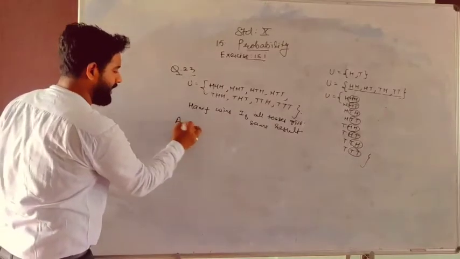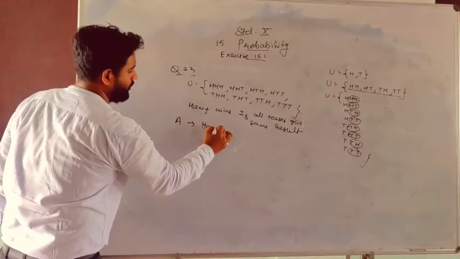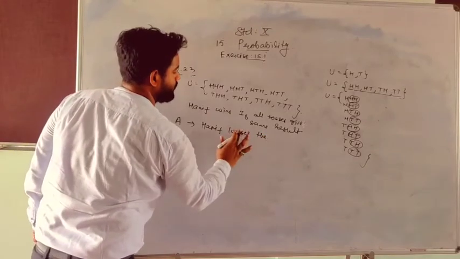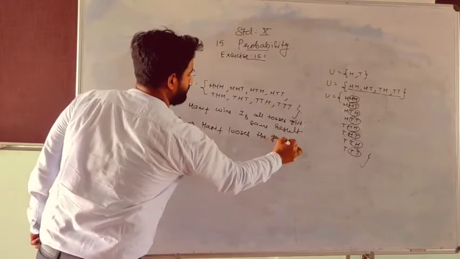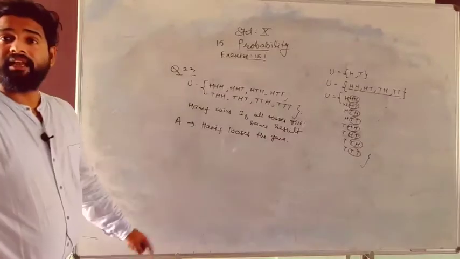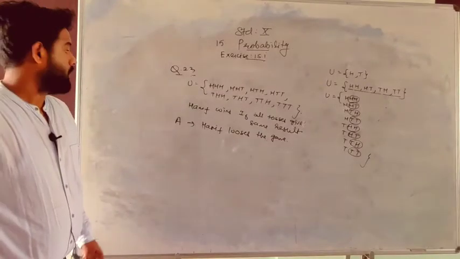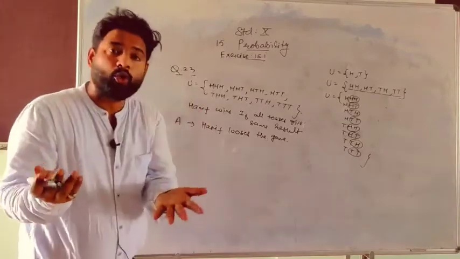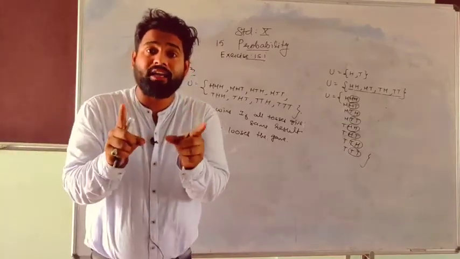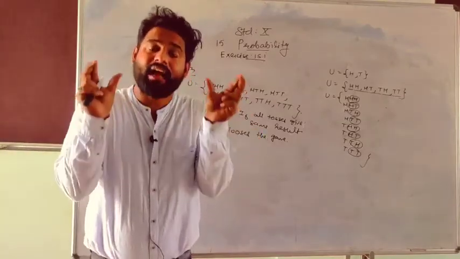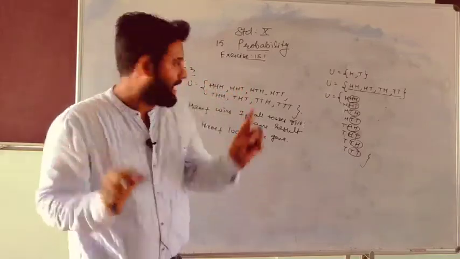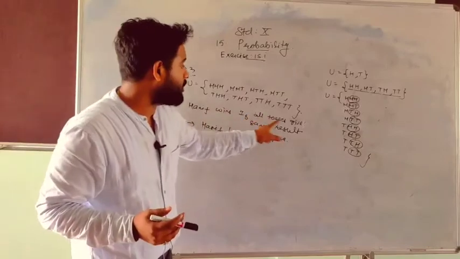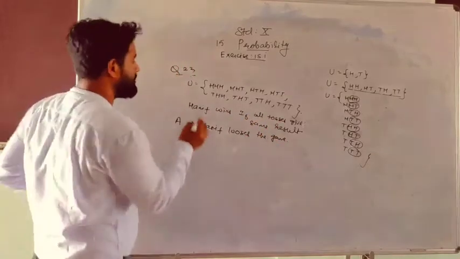Let me take it as event A: Hanif loses the game. Now, when is he going to lose? Hanif wins when all the tosses give the same result. The same result means what?